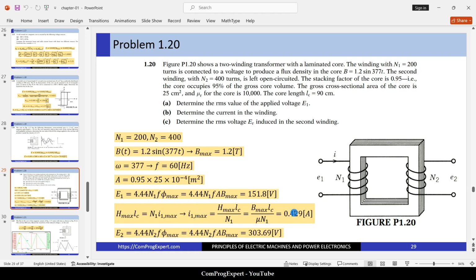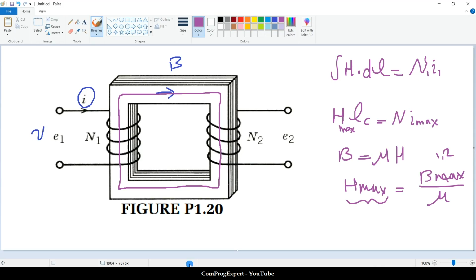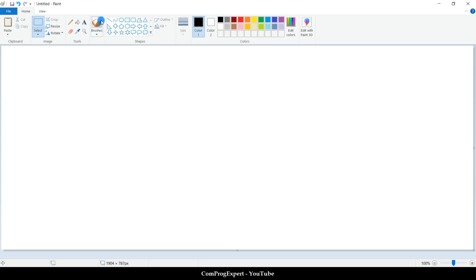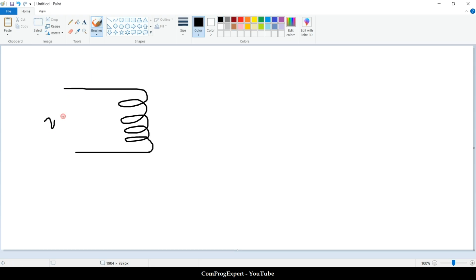This current is needed to build up the maximum value of 1.2 Tesla in the core. But we know that we have hysteresis loss, we have eddy current loss. We didn't discuss loss components because here, if you consider the case, we have this coil. This is V and this is I. This is the core that we have.